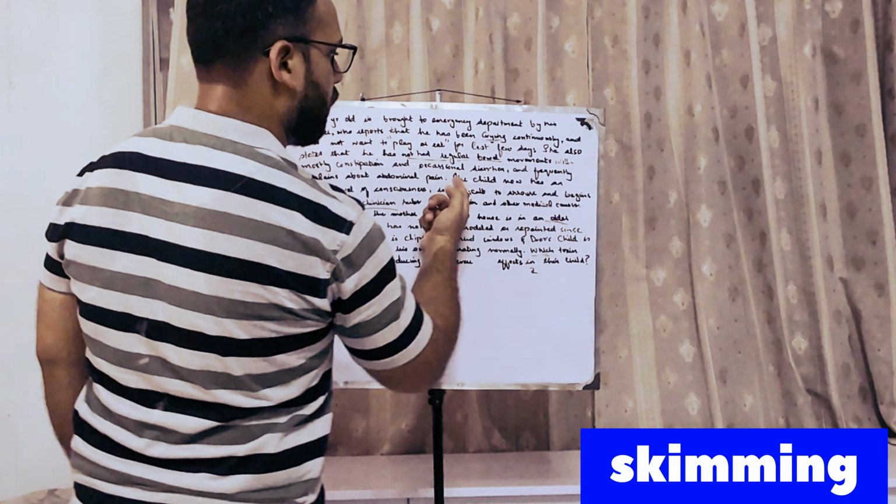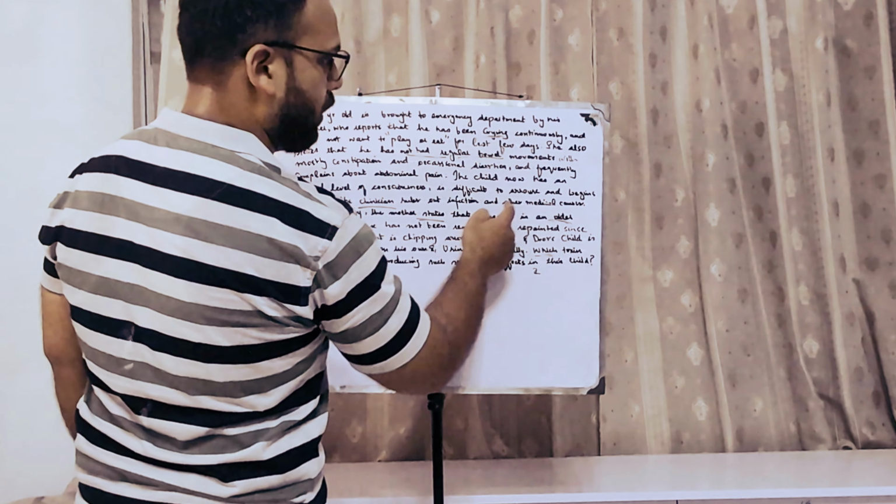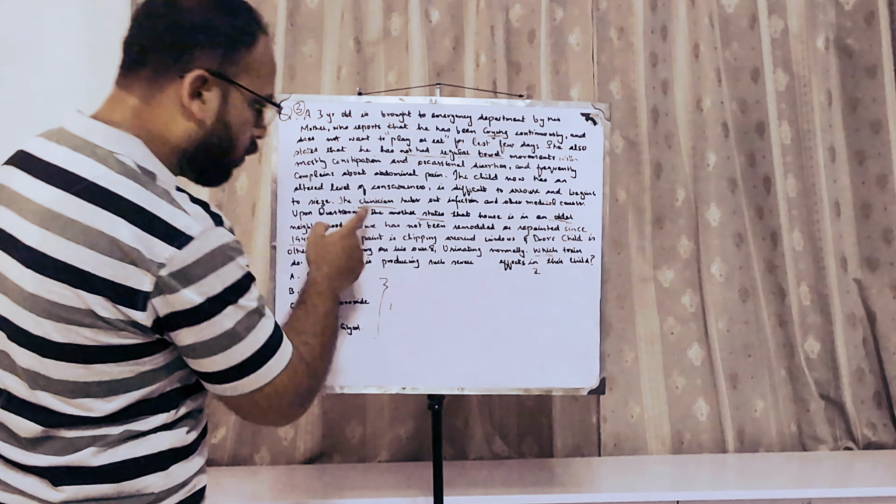The child now has a moderate level of consciousness, is difficult to arouse, and begins to seize. The clinician now, this is important, rules out infection and other medical causes upon questioning.